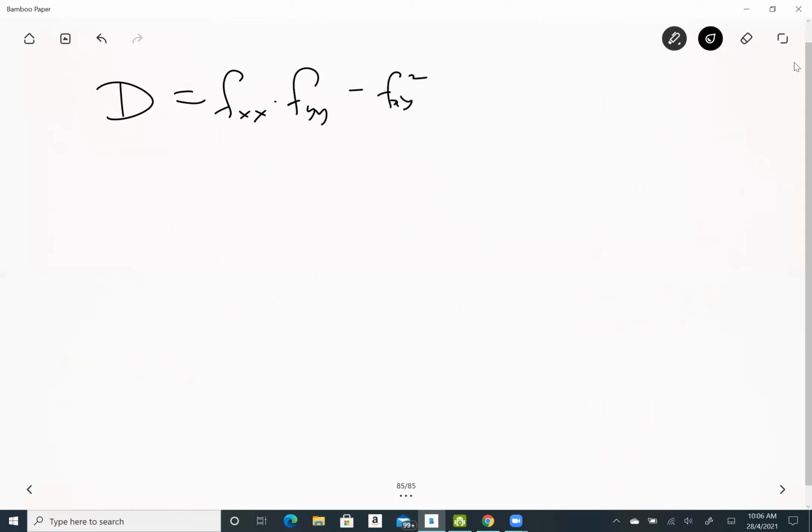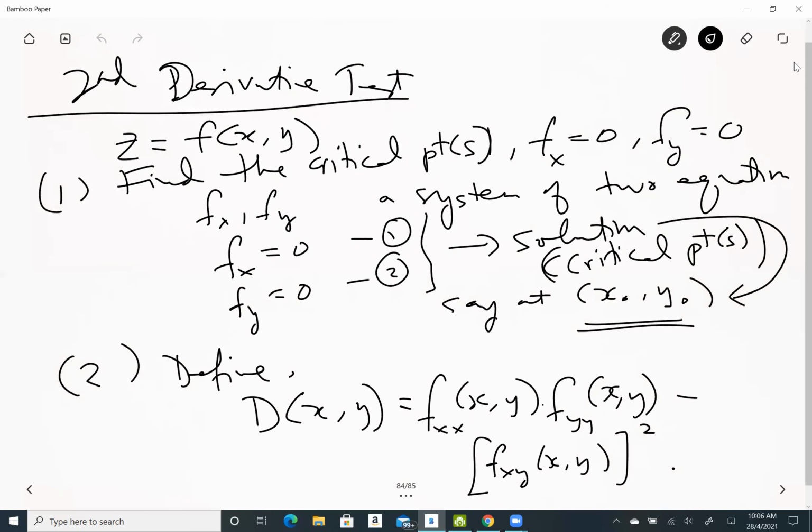In order for you to get D, we need the second partials, which are fxx, fyy, fxy. Those are the second partials that we need, and then you put them into D and evaluate that D at the critical point.